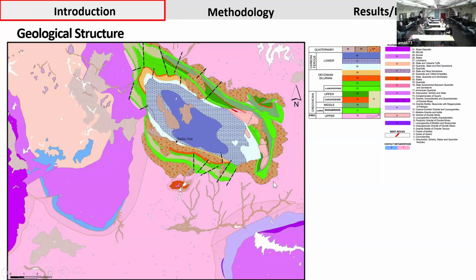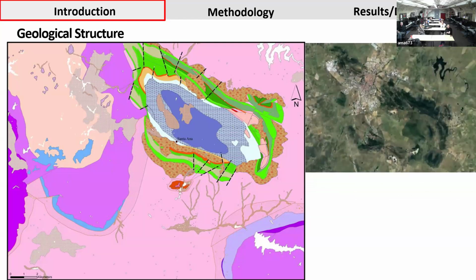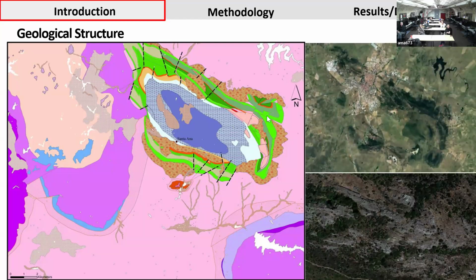You can see here where you have Santa Ana Cave within the Calorito de Cáceres, which is the limestone region of Casareño complex. And there you can see part of a picture of some of the quartzite deposits. This is from part of the Casareño complex that I've looked at for my work.